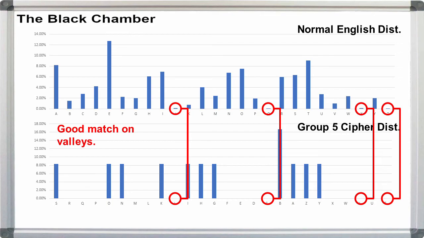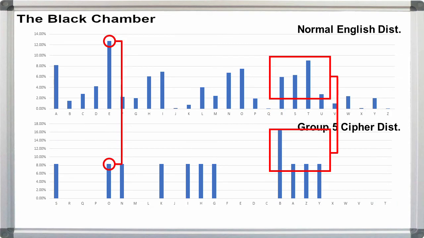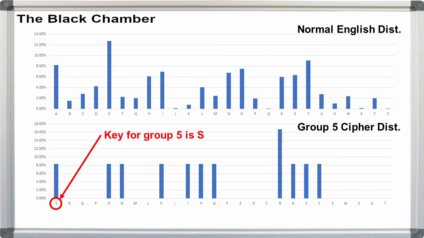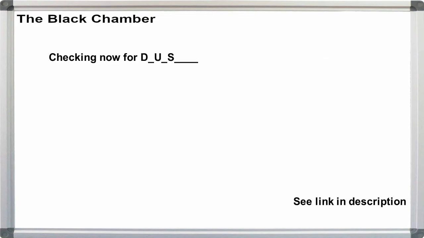A equals S looks promising. We have valleys in the right places, and a string of spikes from R to U. Checking for words matching a D something U something S pattern, we get drugstore and drumstick.